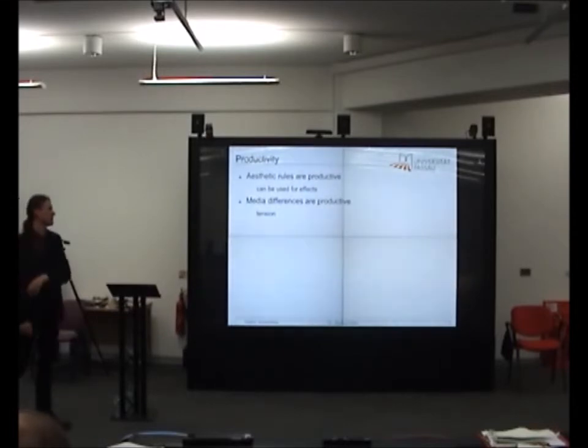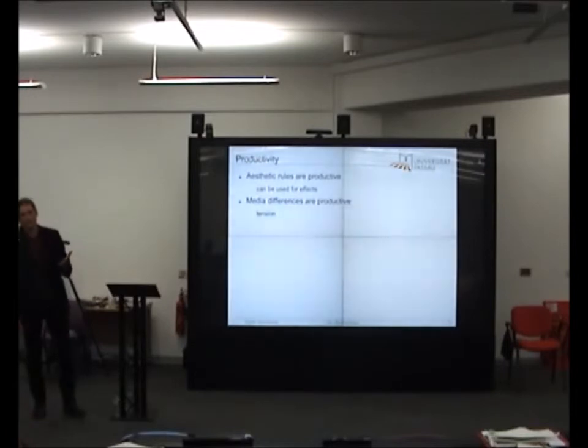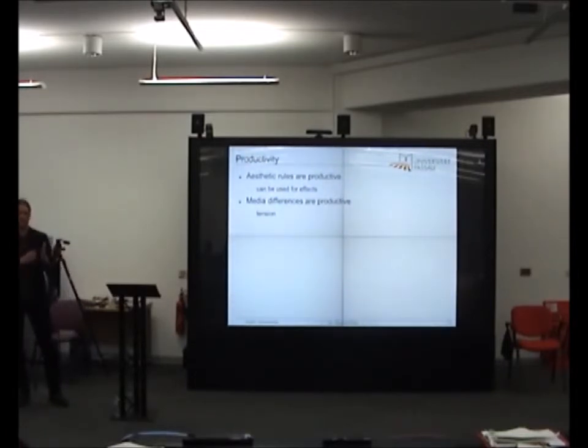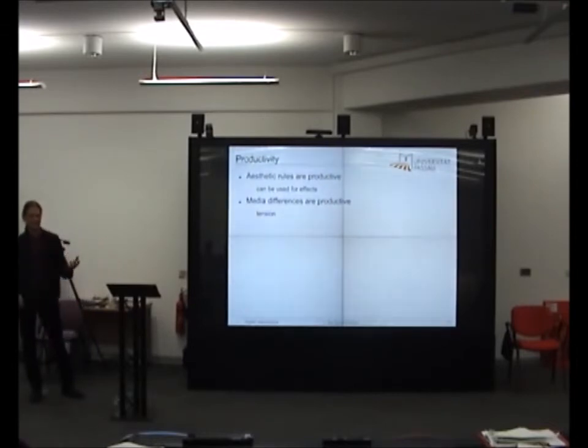And the same you can say for media differences. Ellerström uses the word tension when you use a medium to push these borders. When you're trying to do a description in verbal language, where you try to make a narrative to a painting, these things, where you're trying to do other things, where the sign system doesn't really fit very well, so you have to push it.